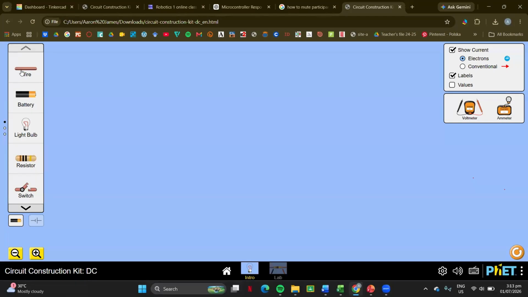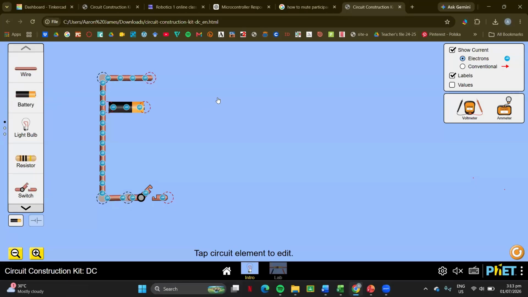So I would like to build a simple circuit. So I'm putting in some wires. And then I think I'd like a switch here at the bottom of my circuit. Battery, of course.